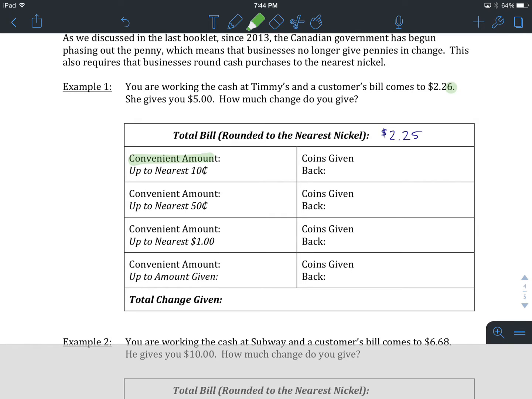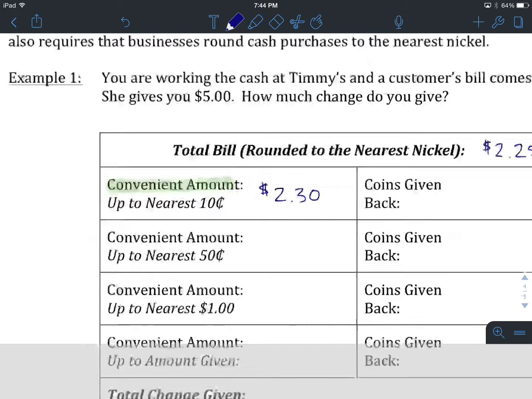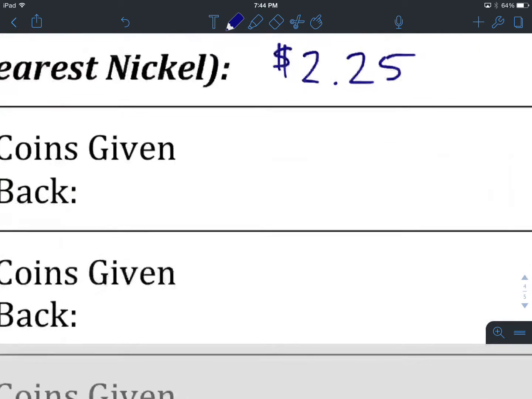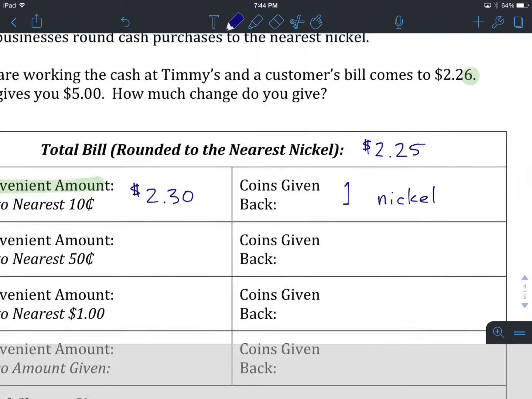So if we're at $2.25 and we want to move up to the nearest dime, we are going to move up to $2.30, which means that we are going to give our customer, to get from $2.25 to $2.30, 1 nickel, which we are going to write right here. That's the first coin we're going to return to our customer.